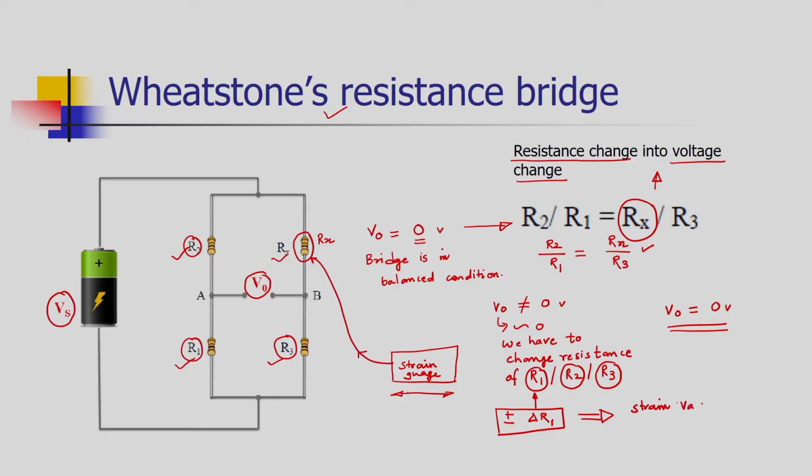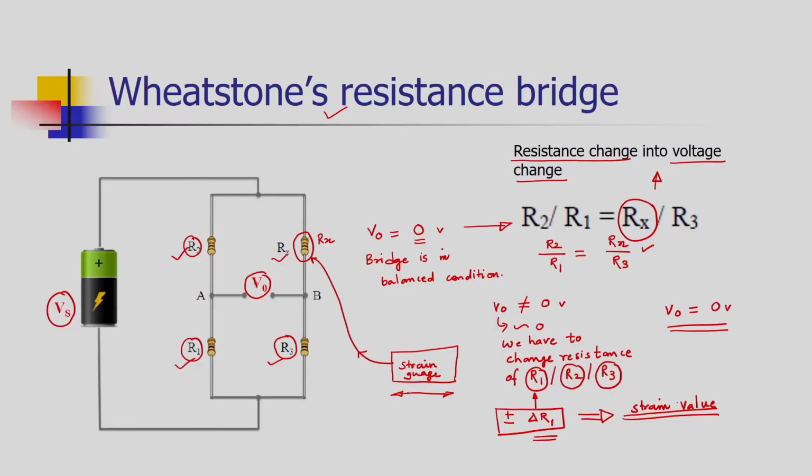So, in the laboratory, for known values of strain, we can easily get delta R1, and in this way we can calibrate the strain gauges. When we attach the Wheatstone resistance bridge, a simple strain gauge element sensor is converted into a transducer.